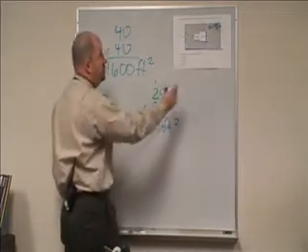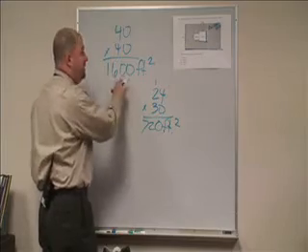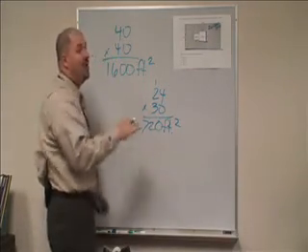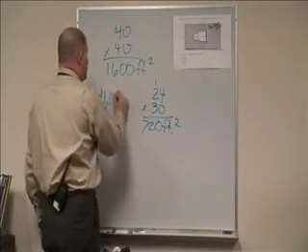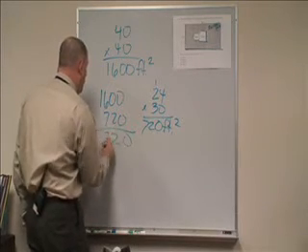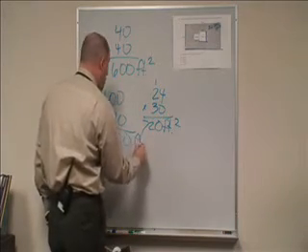So now I know that I've got to take these two out, so I can do it one of two ways. I could subtract 720 from 20,000 and then subtract 1,600 from that, or I could add these two and subtract that total from 20,000, which is what I'm going to do. So I'm going to add 1,600 and 720, which is 2,320 feet squared.